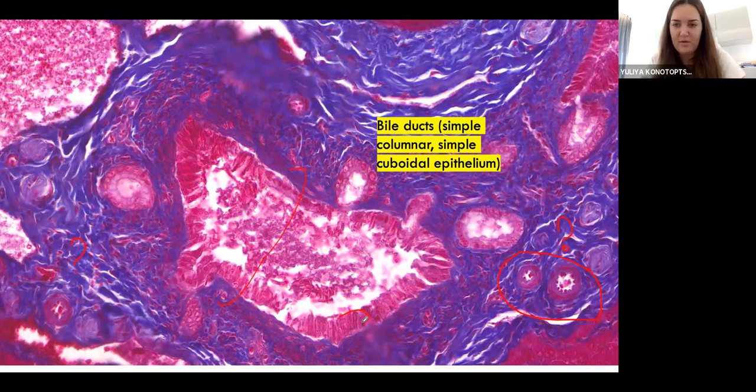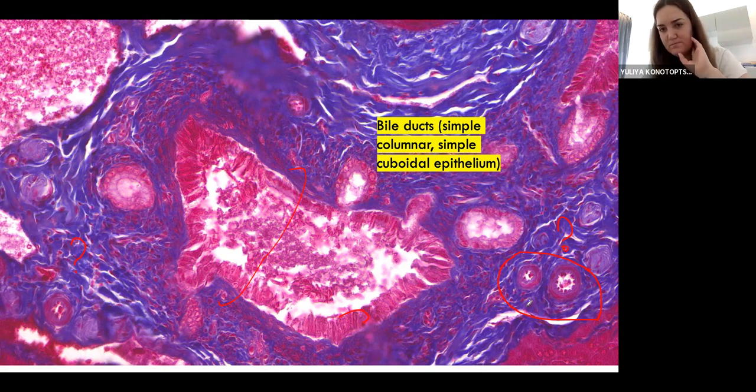So it cannot be a vessel of some sort. It has to be a bile duct. So this is a bile duct. As soon as you see that epithelium is cuboidal, columnar, it must be considered a duct. If epithelium is cuboidal, it is still a ductule. Okay, it's still a bit tiny. So this is a huge bile duct.